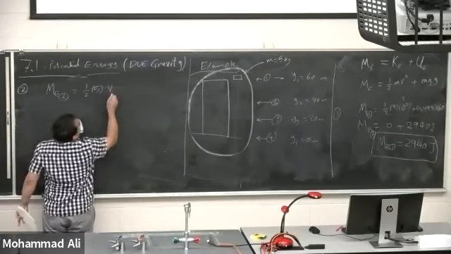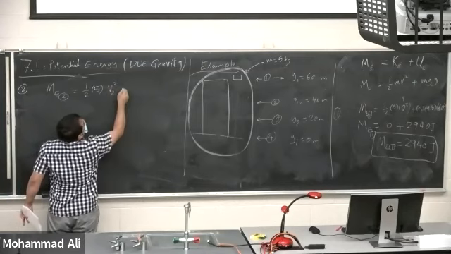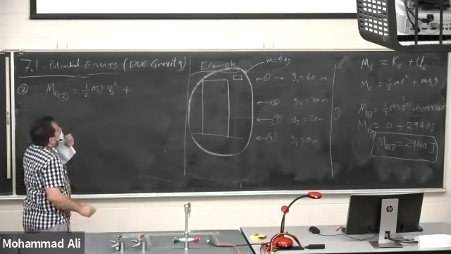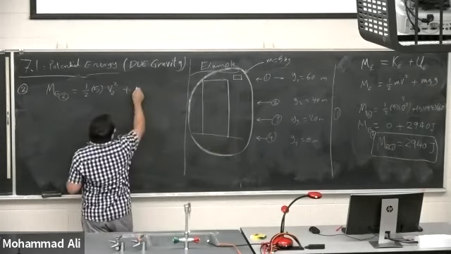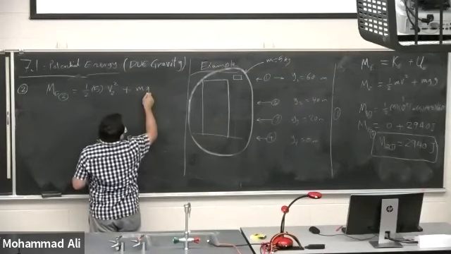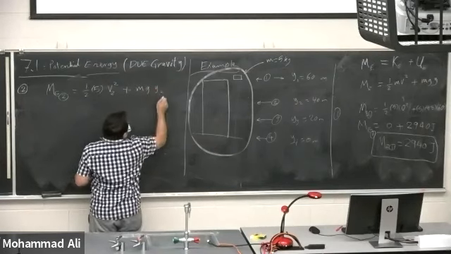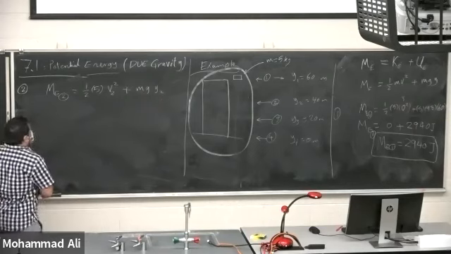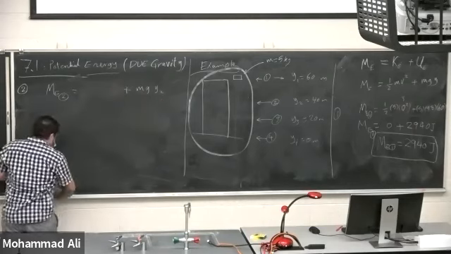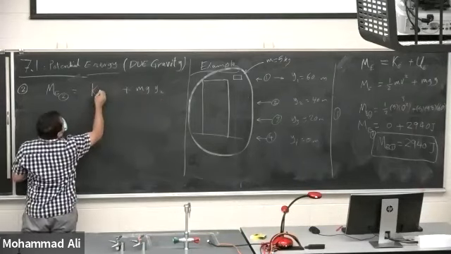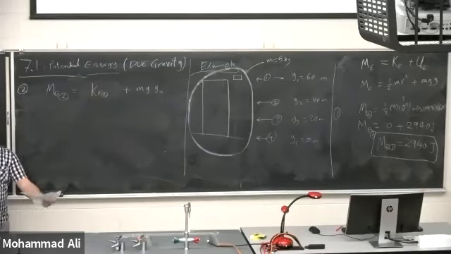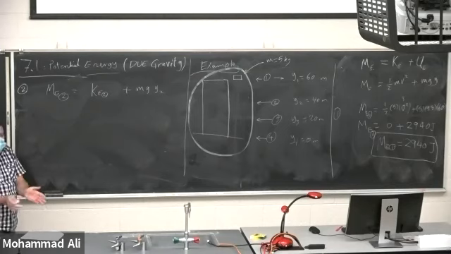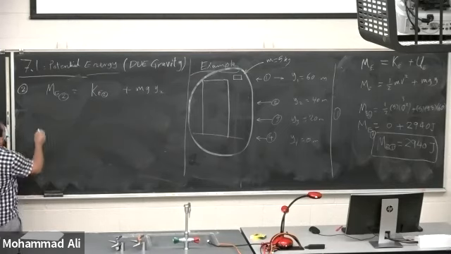And I have V2 squared plus the potential energy at this point, which is m g y2. I will leave this as the kinetic energy at point number 2. The mechanical energy is known now. I know it. It is constant.